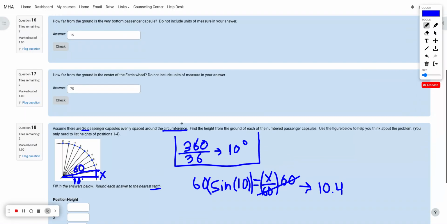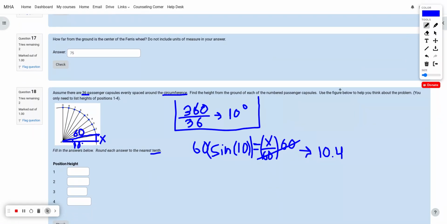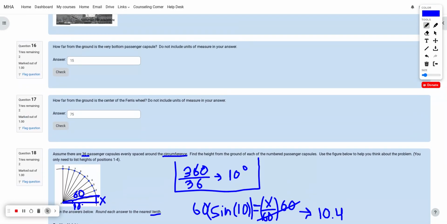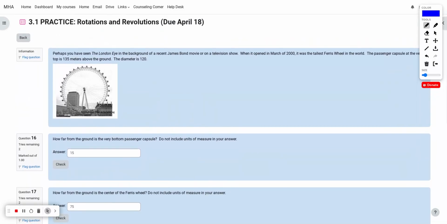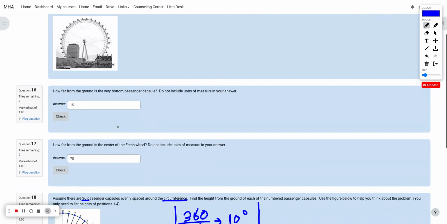See, from the height of the ground of each passenger capsule, we determined that the center of the Ferris wheel is 75 feet. Oh my gosh, is this meters or feet? This is meters, okay. So that means it lined up there.